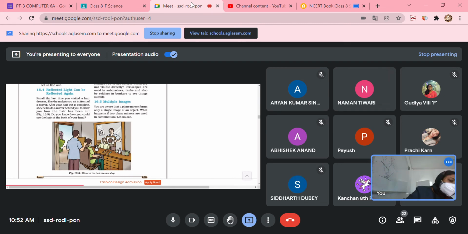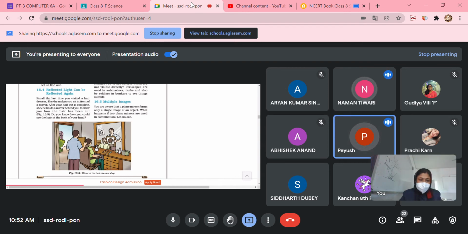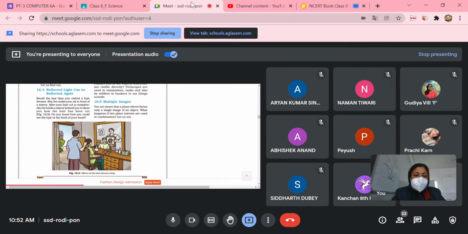Yes, Siddharth. Here the reflected ray is becoming the incident ray. Okay, but it's a vague answer. Clear? Yes, Siddharth. Ma'am, first the incident light is coming and hitting the head of the person who is sitting, and then the reflected ray goes and hits the mirror held by the barber.